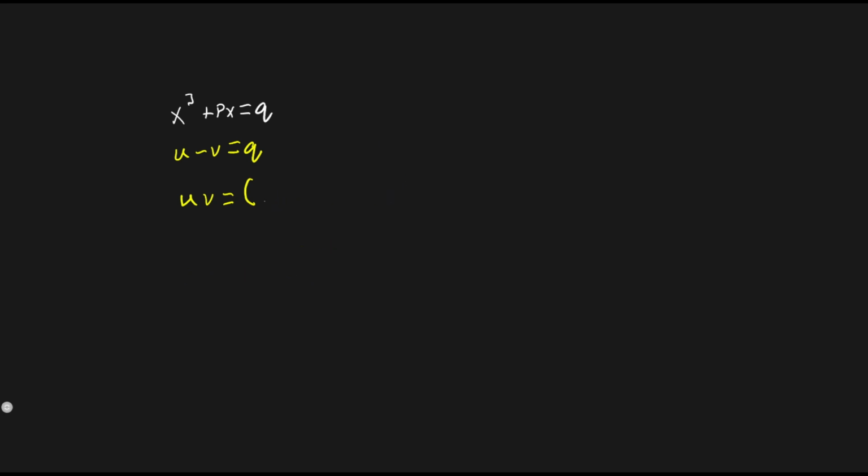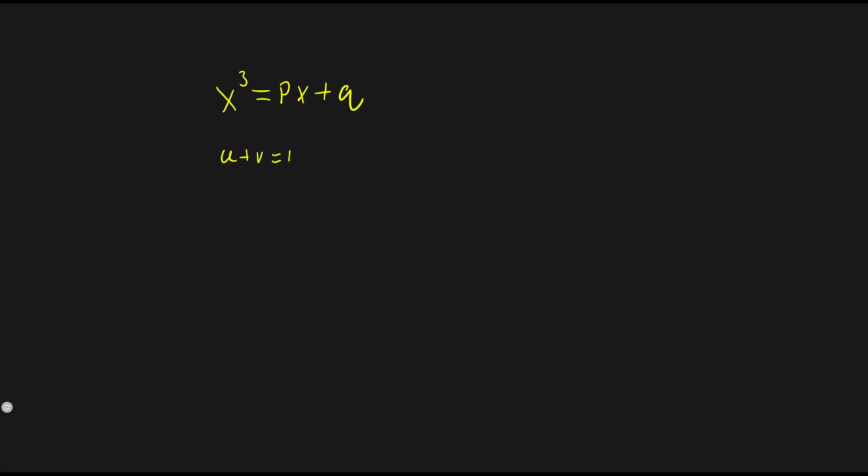And for the other case that I mentioned, we're going to get rid of this one and write x cubed is equal to px plus q. In order to solve this specific type of cubic, we basically want u plus v is equal to q.